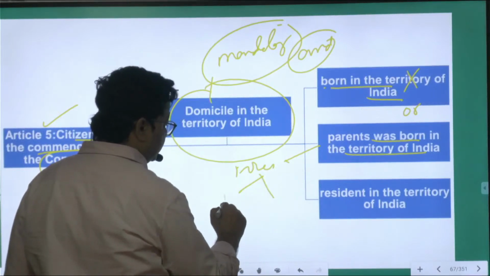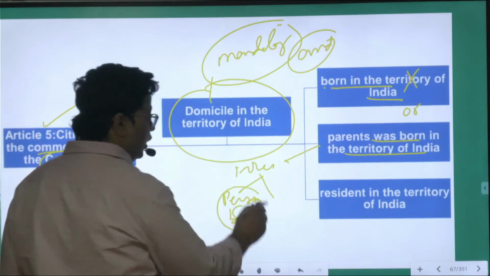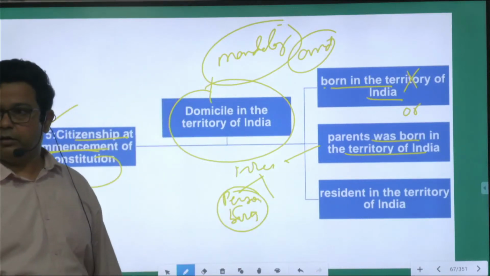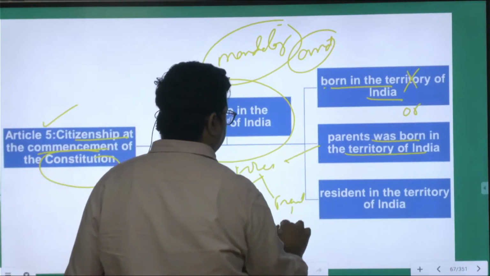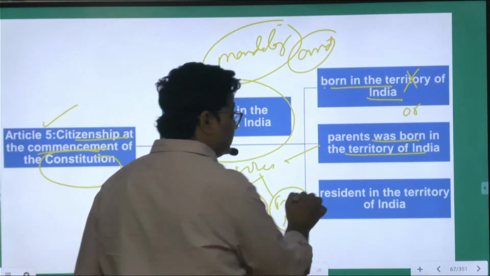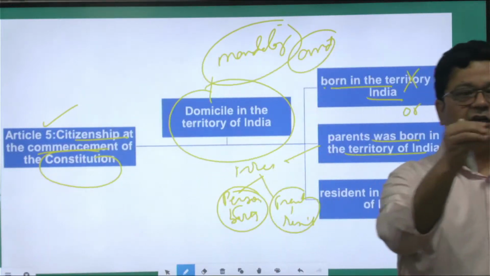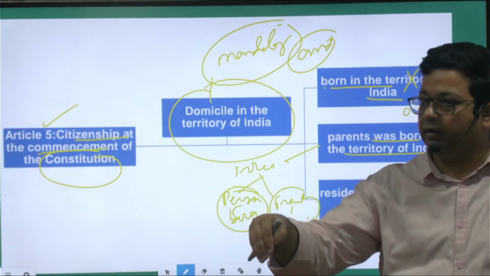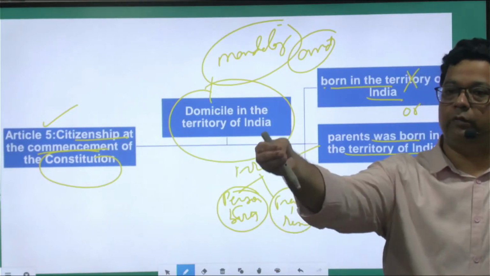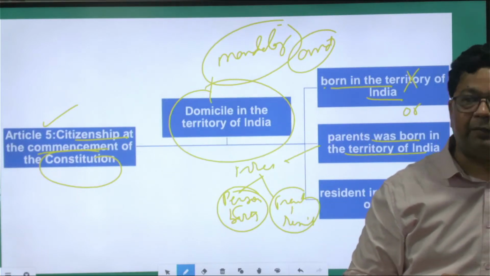One, the person's birth, whether the person was born in India or not, it does not matter. Plus parents' residence, whether the parents were residing in India at that time or not, it also does not matter. If a person is residing in India and his or her parents were born in India, they will be considered a citizen at the commencement of the Constitution. Am I clear? Yes or no?